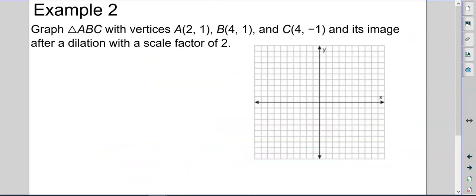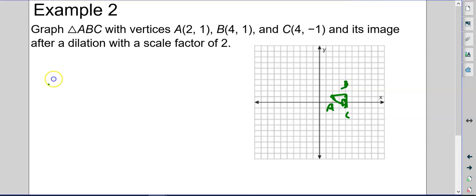So graph ABC with vertices (2, 1), so right 2, up 1; (4, 1); and (4, -1). There's A, there's B, and there's C. There's my ABC. It has a scale factor of 2.